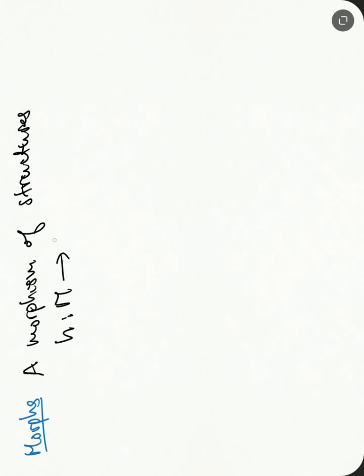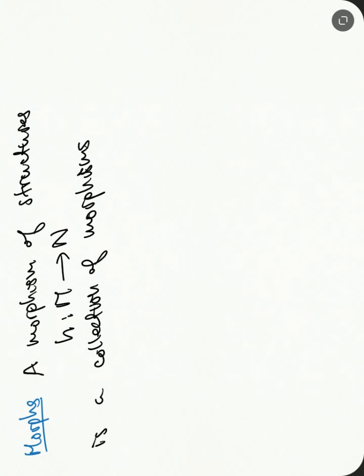A morphism of structures, H, M to N, is a collection of morphisms, let's say HA from AM to AN, for A in S, such that two diagrams commute.